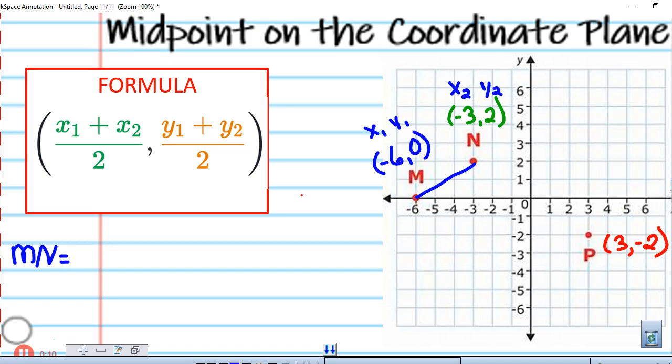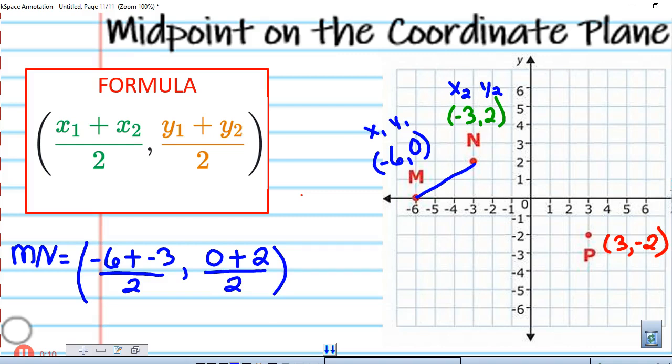And then we're going to plug it into our formula. So we have x sub 1 is -6 plus x sub 2 is -3, and we're dividing that by 2. Our y sub 1 is 0 plus our y sub 2 is 2 divided by 2.